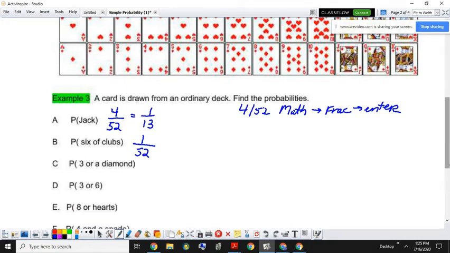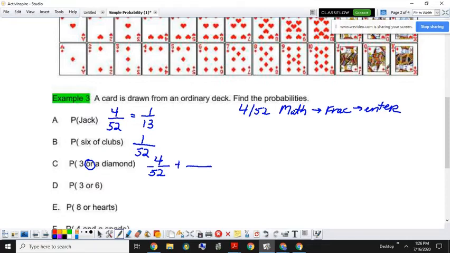Okay, a 3 or a diamond. There are 4 3s, I'll show you up here. Plus, either/or means add. We'll talk about that in another video. Or a diamond, so it could be any of those cards.